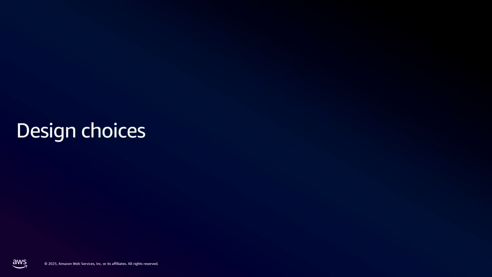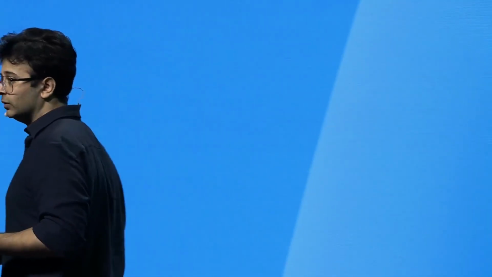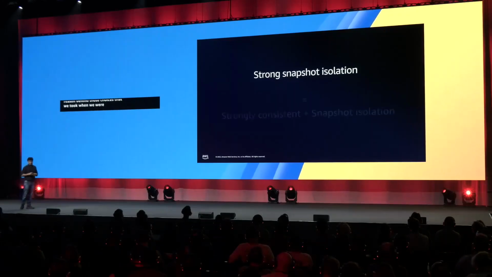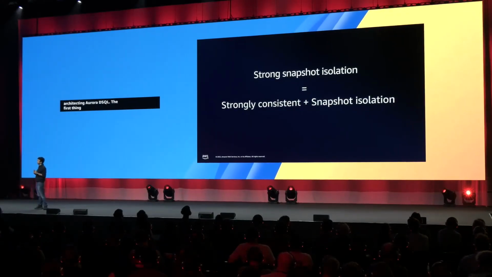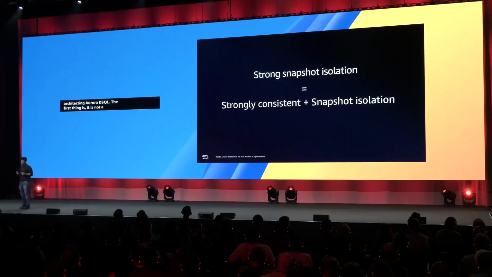While designing the distributed architecture of Aurora DSQL, we had to make some design choices as well. And I wanted to discuss some of those design choices, and the reason behind those choices that we took when we were architecting Aurora DSQL. The first thing is, it is not snapshot isolation only. It is strong snapshot isolation.